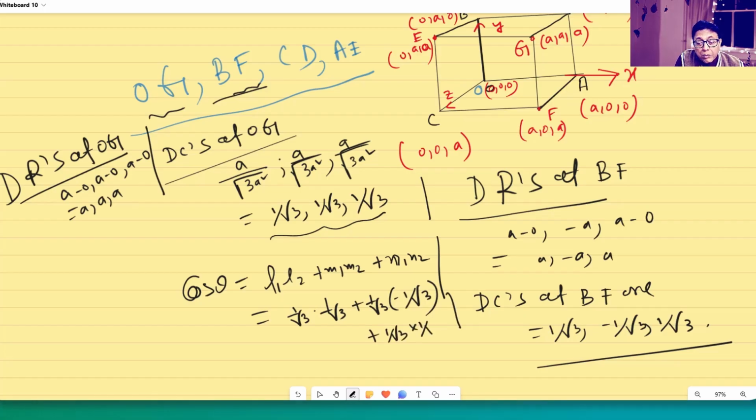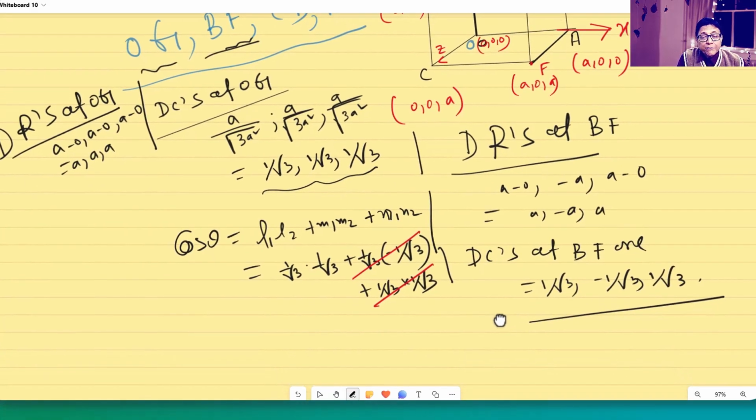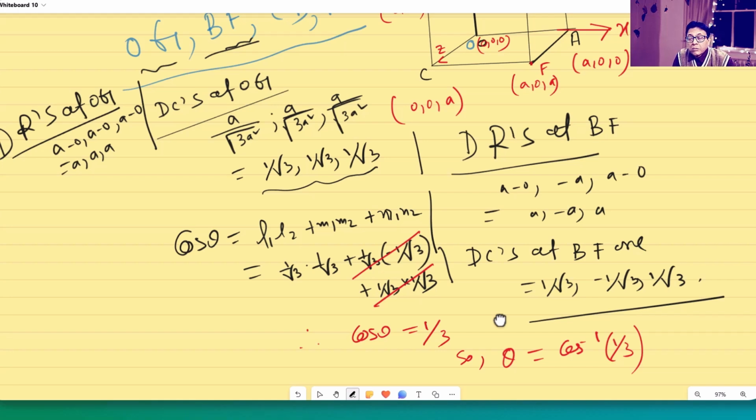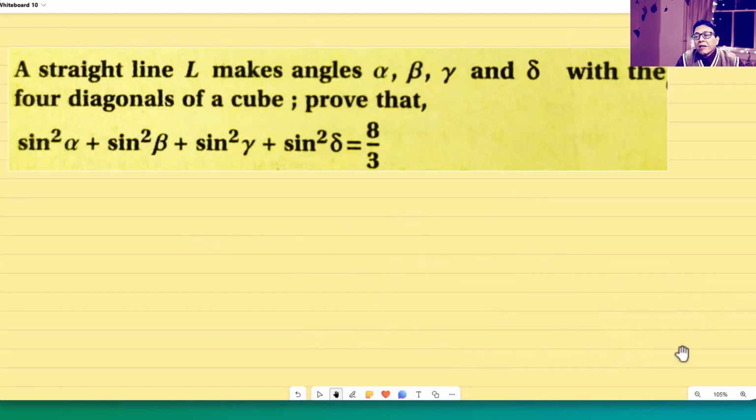See, one of the terms is getting cancelled. This minus and plus. So what is left over there? That you can see easily. Therefore cos theta is 1 by 3, so theta is going to be cos inverse 1 by 3. Clear?